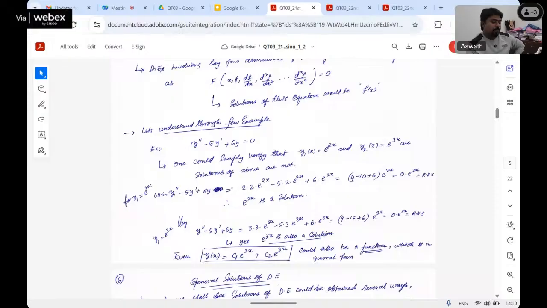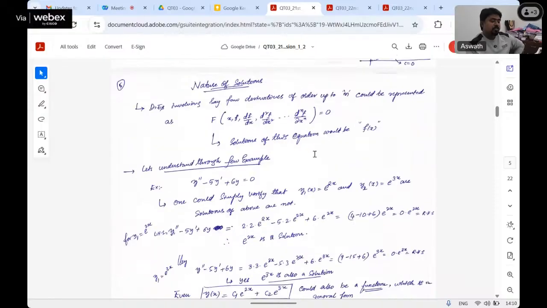Depending on the nature of the solutions, like yesterday somebody was asking, usually some people would guess differential equation solutions.